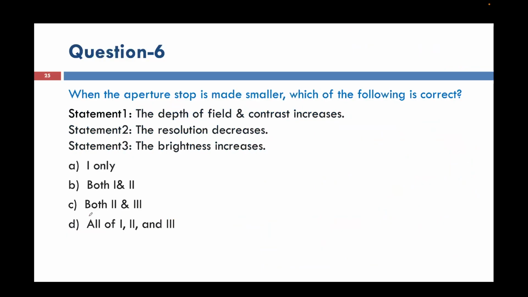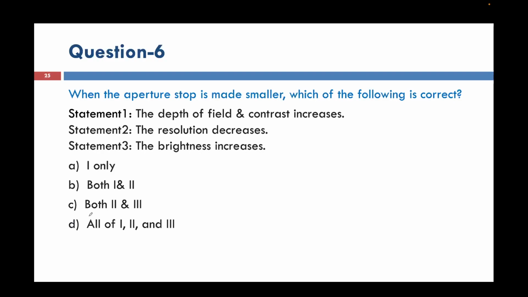Okay, so the sixth question: when the aperture is made smaller, which one of the following is correct? Statement 1: the depth of field and contrast increases. Statement 2: the resolution decreases. Statement 3: the brightness increases.